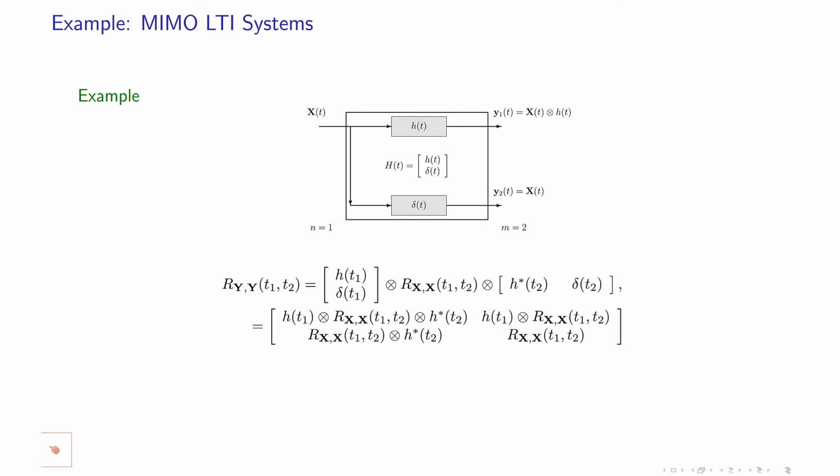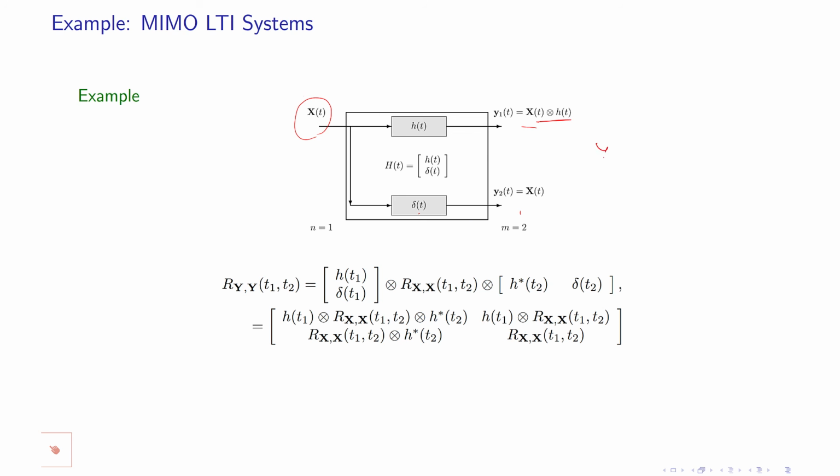We could have one example for that. In this example, my multiple input has only one entry, so it's a single input, and then I have two outputs. The first output is just the convolution of the input with an arbitrary impulse response, and the second output I wanted to be x of t itself. So the impulse response here is just delta t, because whatever input you give it, it will give you the same output.